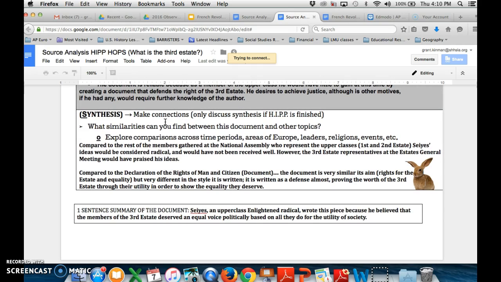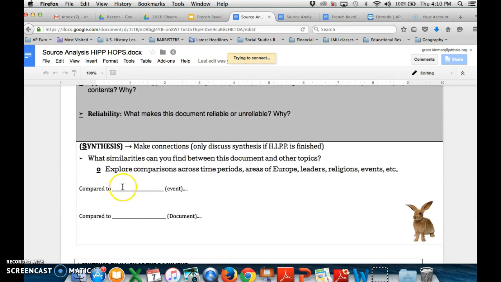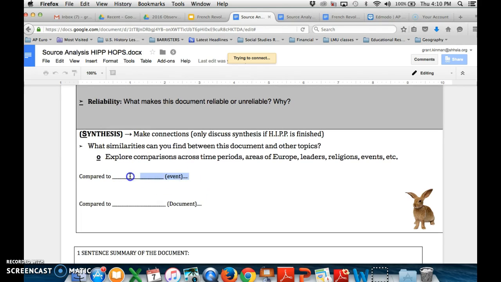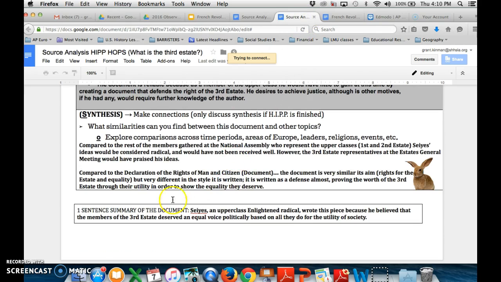And then reliability and synthesis. So for synthesis, you're going to fill in the blanks here for your analysis. So it says compared to, and you're going to choose an event. So you got to think historically what's going on at this time. Compared to this event, I chose to compare what's going on at the, sorry, I'm blanking.